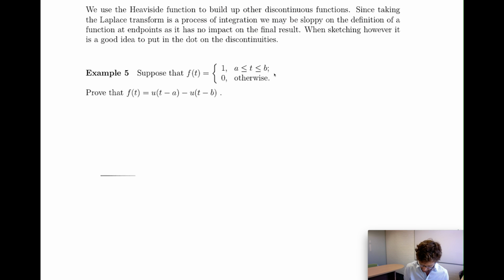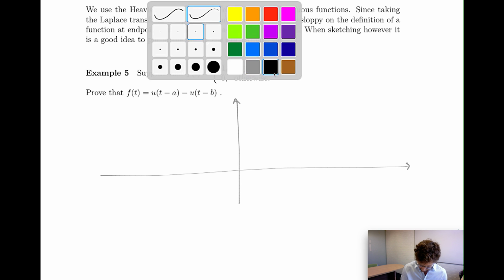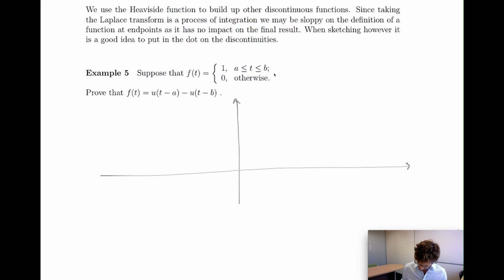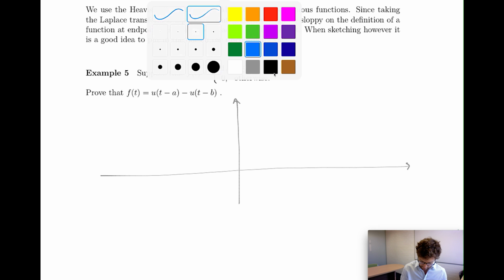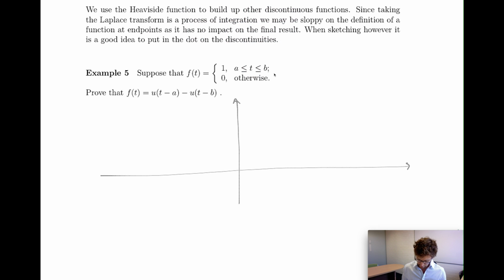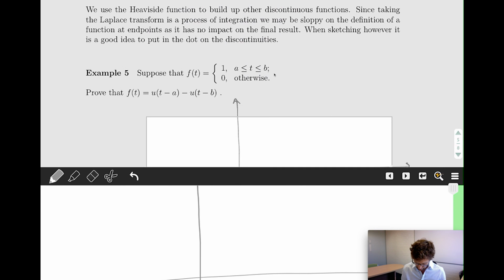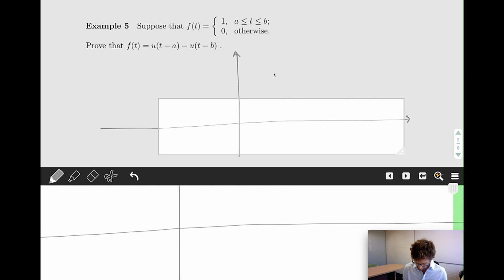So let's sketch what this function looks like. So we know that this function is going to be equal to 1 between t is equal to a and b. Let's just assume that a and b are positive numbers. And from the definition, it's clear that b has to be bigger than a. a is less than or equal to t, less than or equal to b. So t is a value somewhere in this range here.